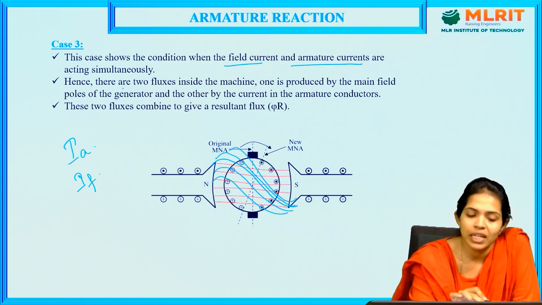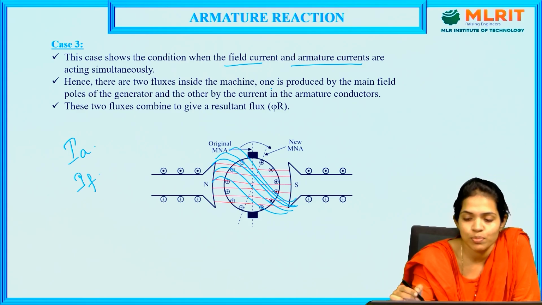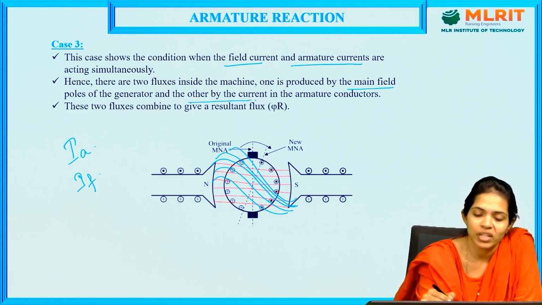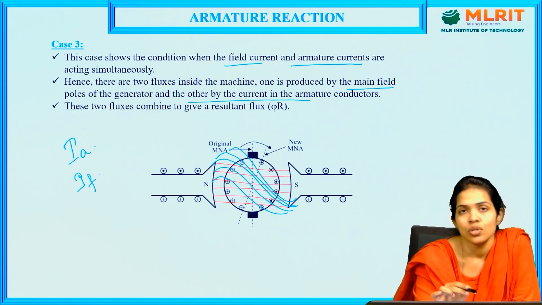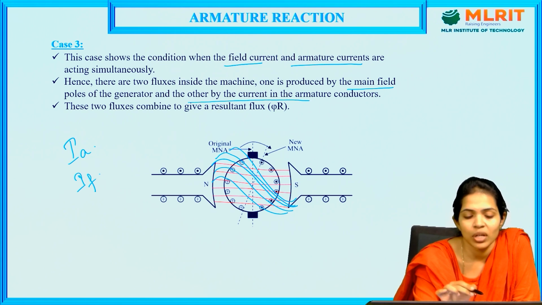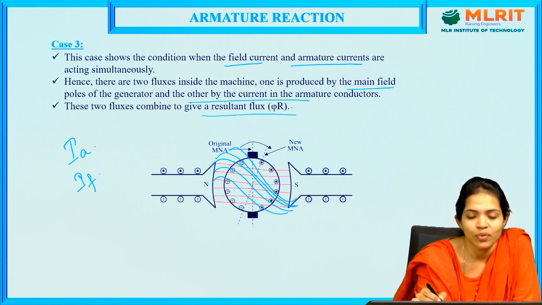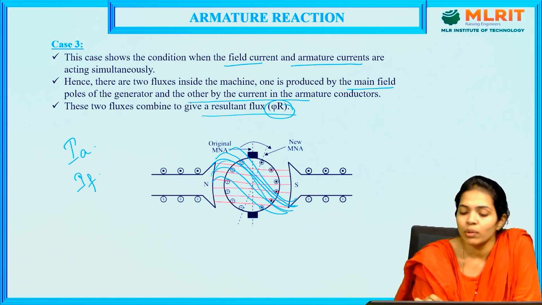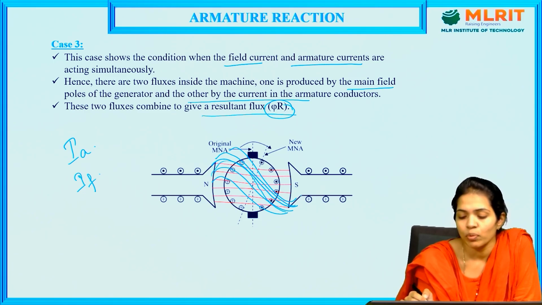There are two fluxes inside the machine: one is produced by the main field, and the other is produced by the current in the armature conductors. When these two fluxes combine together, we get a resultant flux phi r produced in the machine. This resultant flux phi r will not be along the polar axis, but will be distorted like this from the tips of the north pole and south pole.